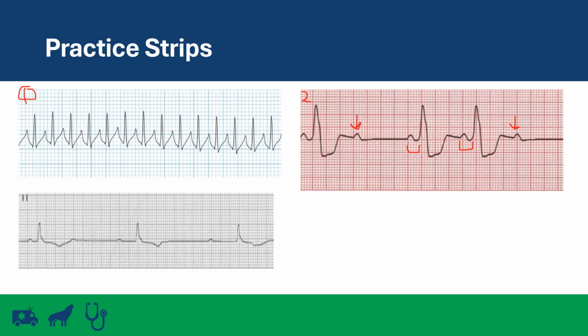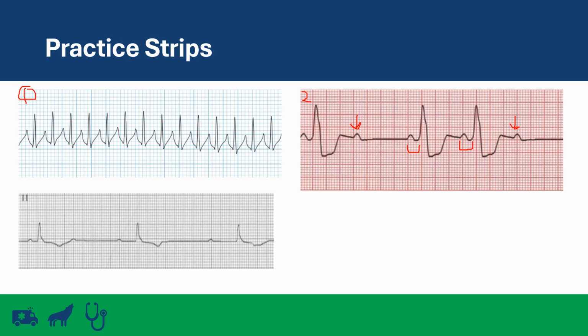Additionally, my QRS is wide, so that lets me know that the impulse is taking a while getting across those ventricles. So this rhythm here is a second degree type 2 heart block because we have a set PR interval and we have non-conducted P waves, or P waves that don't conduct a QRS.